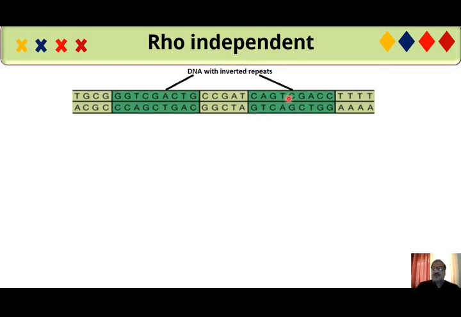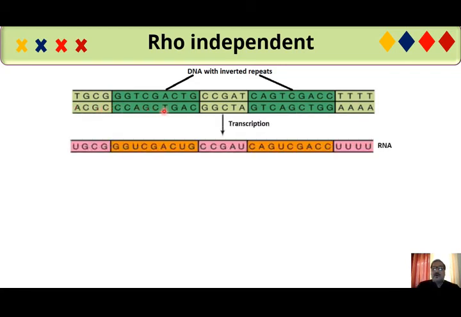Similarly, all the terminating ends have these inverted repeats. So when an mRNA is synthesized using this template, now this is the 3' to 5' end, we have the synthesis of this mRNA based on the complementary pairing.